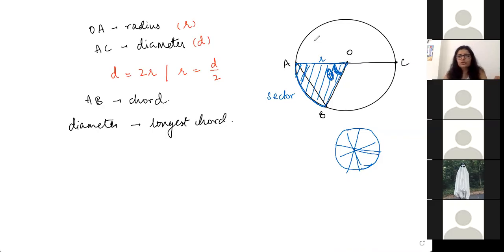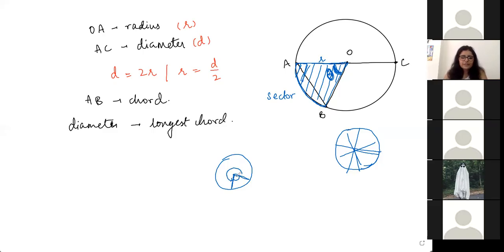So depending on which angle you're considering: if I have a circle and I take two random radii, this is one angle and this is another angle, right?